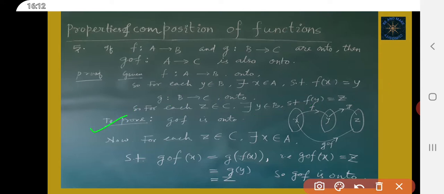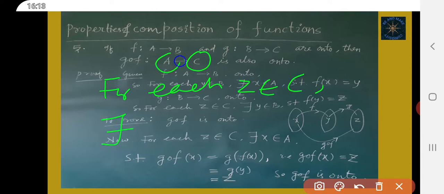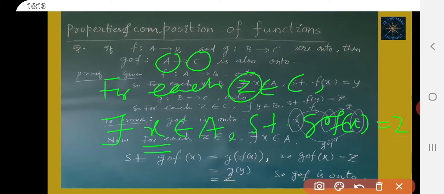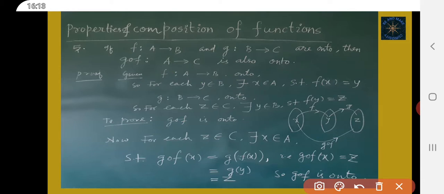So to prove gof is onto, that means if we show for each element of C, there exists an element x in set A such that gof of x is equal to z, then we can say gof is onto. So now we shall prove.